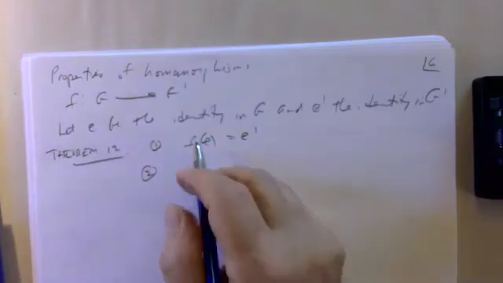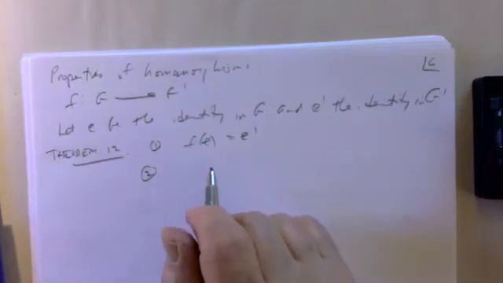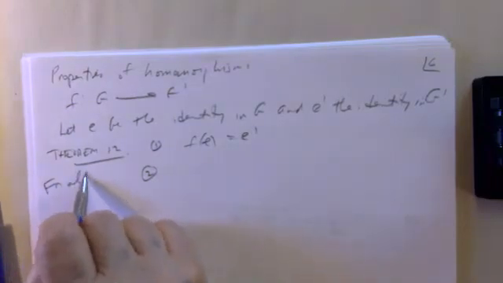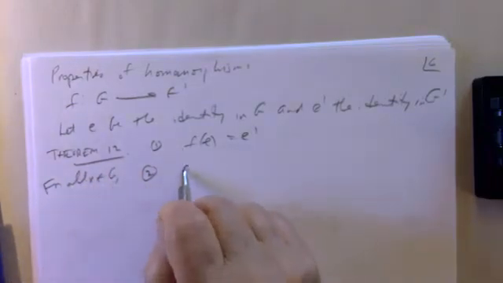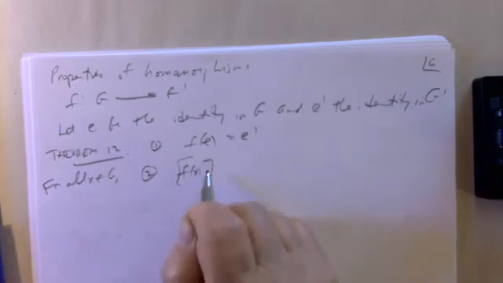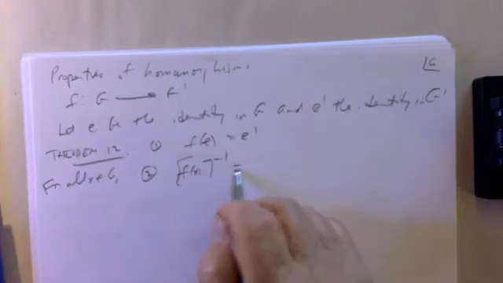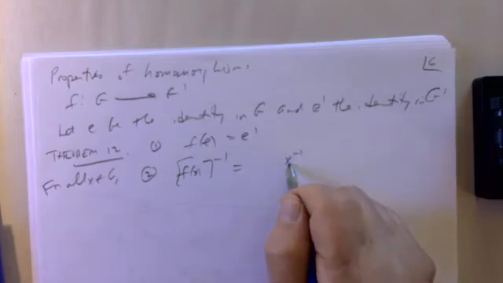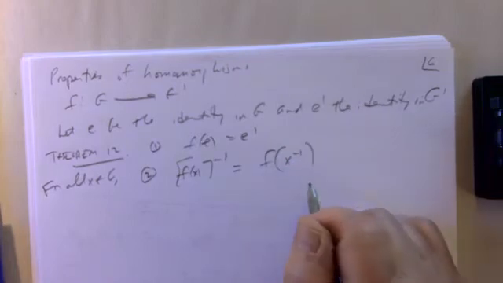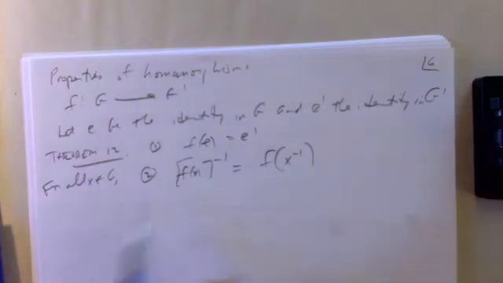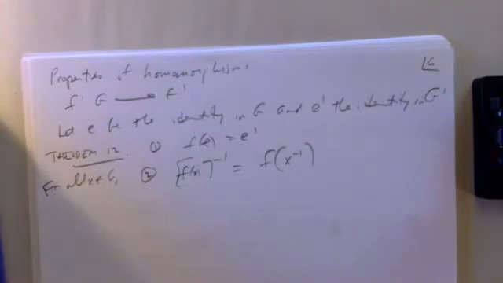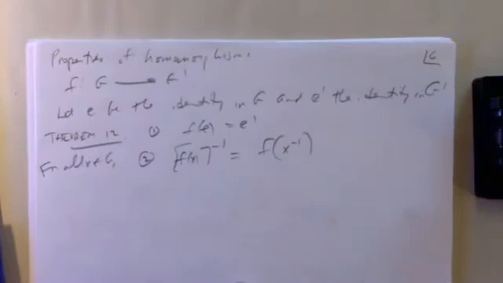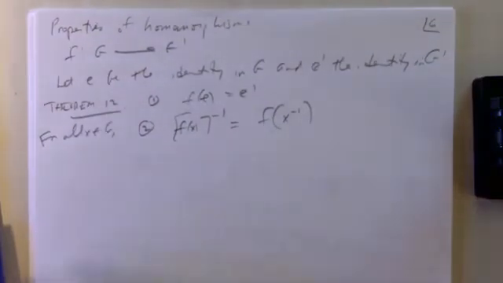And second, if I take any X in G, if I take F of X and then the inverse of that, that's the same element as if I took X, took the inverse of X in G, and then applied F to that and got F of X inverse. So these are two properties of a homomorphism.